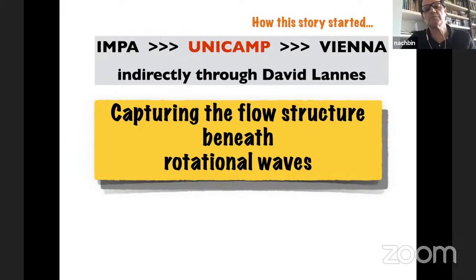As the years passed, exchanging email with David, he invited me to a meeting in Vienna, organized by David and by Adrian Constantin, whom I had never met, though I knew his work. It was a pleasure. It was at the Schrödinger Institute in Vienna. So it all started at Unicamp, interacting with David Lannes.